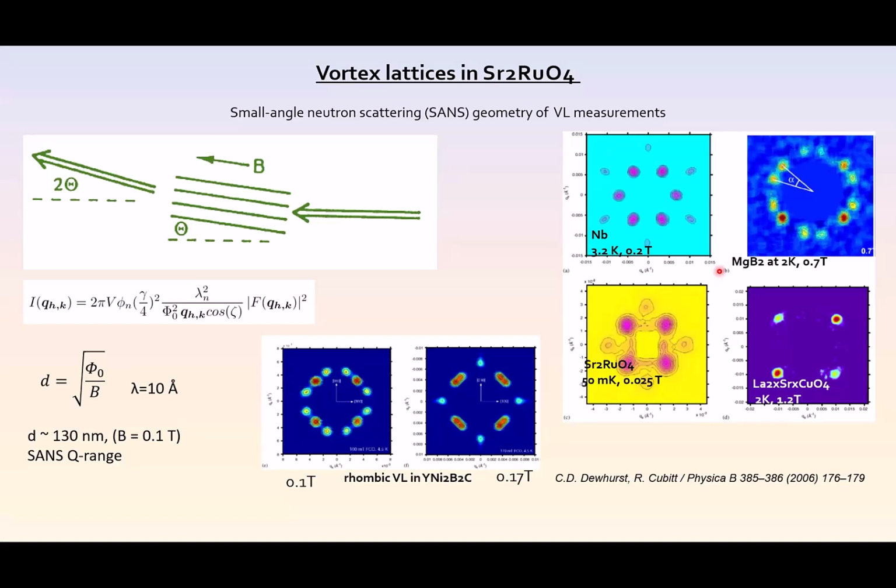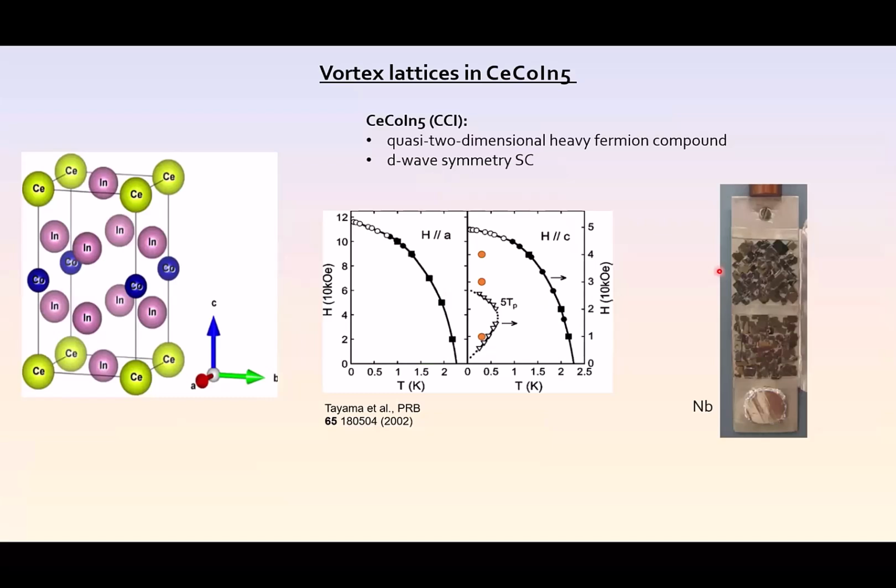So we started some years ago in Berlin with measurements of CeCoIn5. It's a quasi-2-dimensional heavy fermion compound, which is known to have a d-wave symmetry of the superconducting state. For this compound, it's not easy to grow crystals.